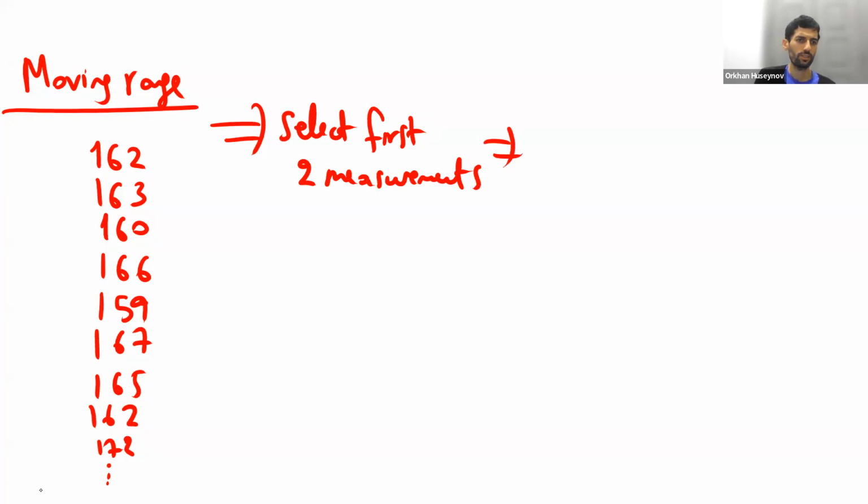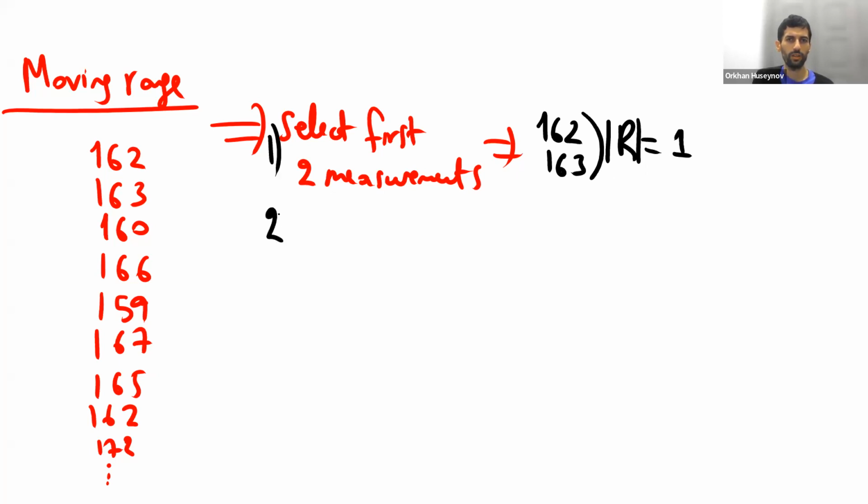The first two measurements are 162 and then 163. For these measurements, I find the range, which is 1. Let's say the absolute value of the range, so that I never get a negative value. And then this is the 1.